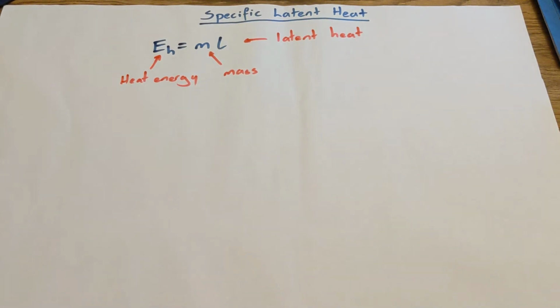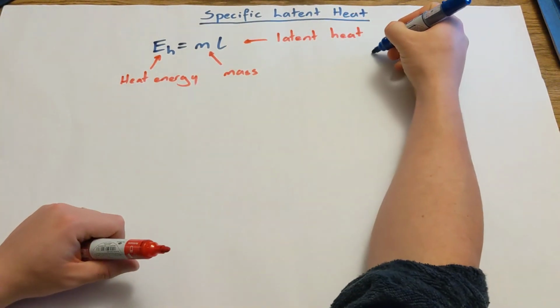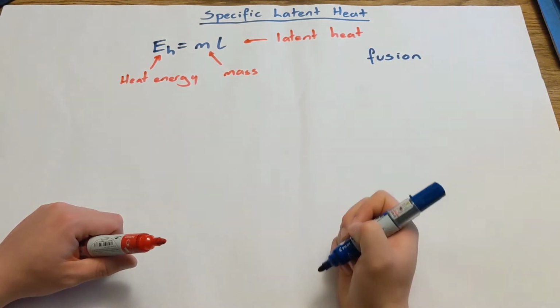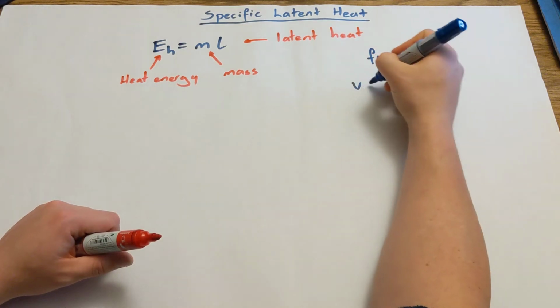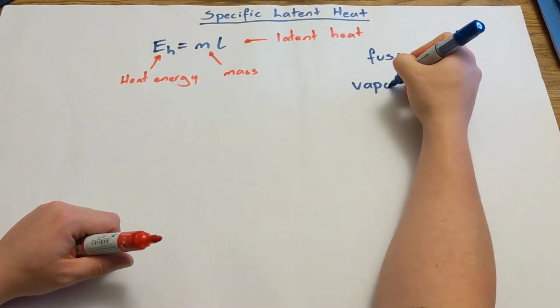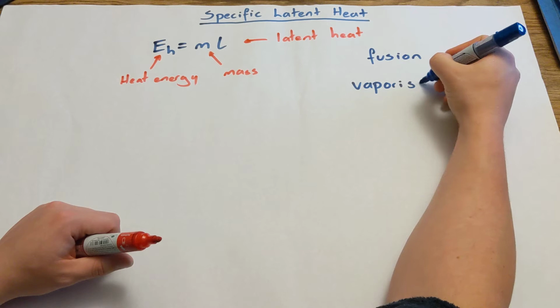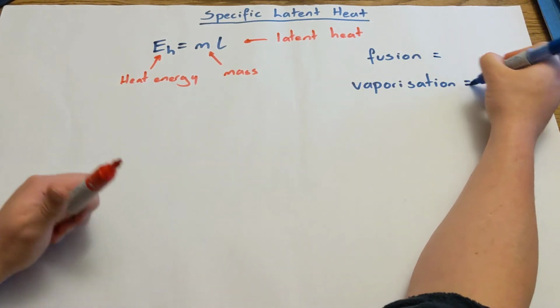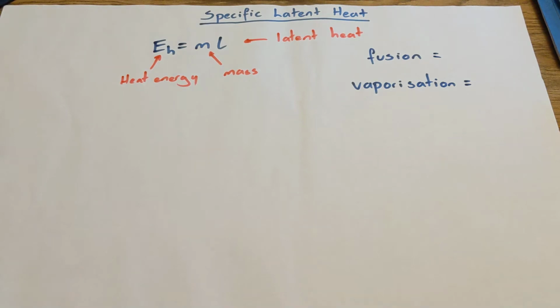It will have a latent heat of fusion, and it will have a latent heat of vaporization. And we need to know the difference between these because we'll only get the right answer if we use the correct number.